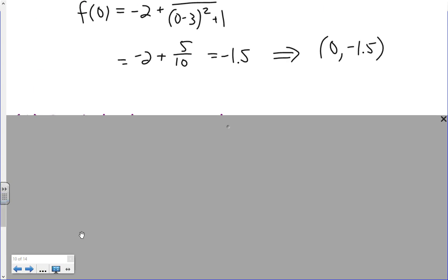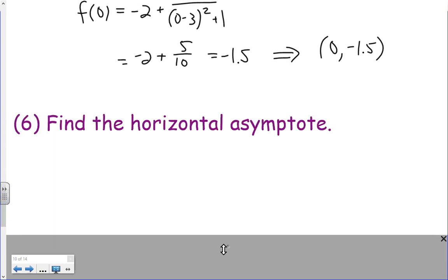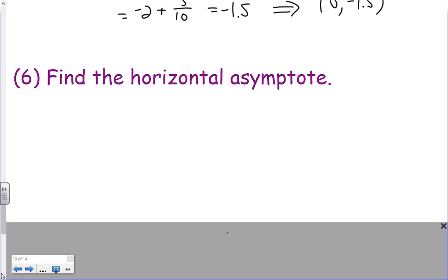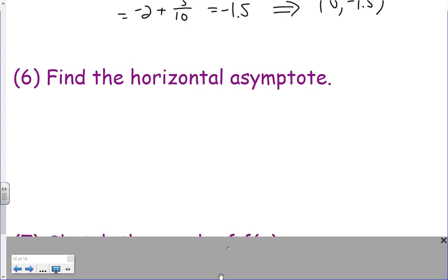All right, one last thing before we try to sketch this is to find the horizontal asymptote. But again, now that we've already used long division to simplify this, or actually technically they already had that in the book that way, but I'm kind of assuming that it wouldn't be so nice and give us that form. But if you look at f of x again, it was equal to negative 2 plus 5 over x minus 3 squared plus 1.